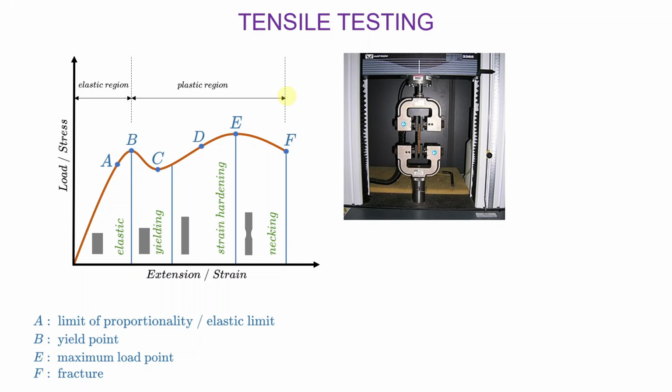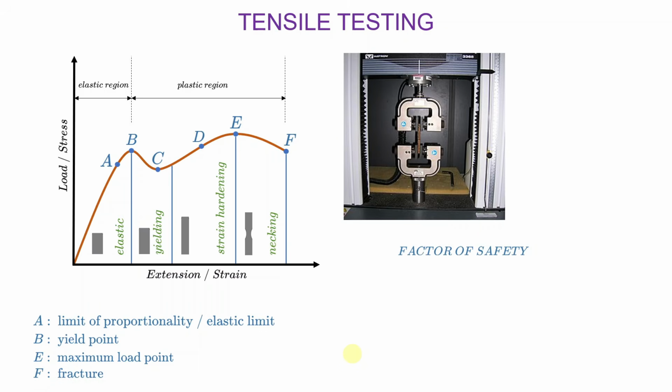But plastic deformation does not allow the object to return to its original state once the load is removed. So here you will have permanent deformation, but in this region you do not have permanent deformation of the object. Very important.